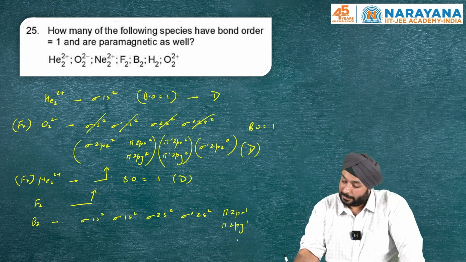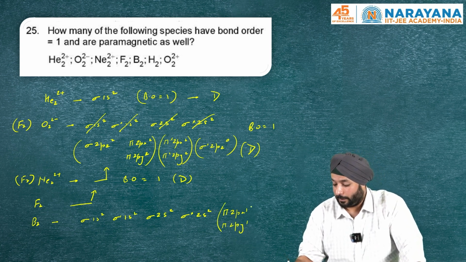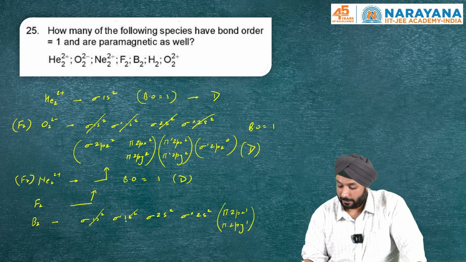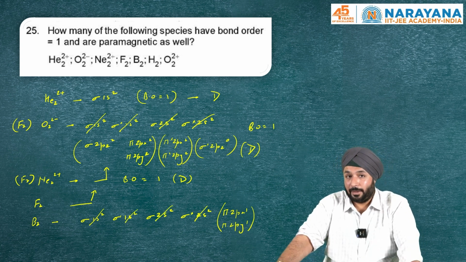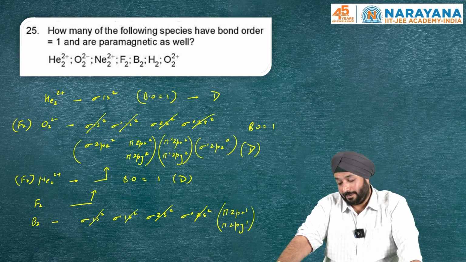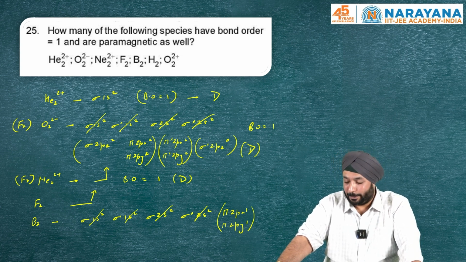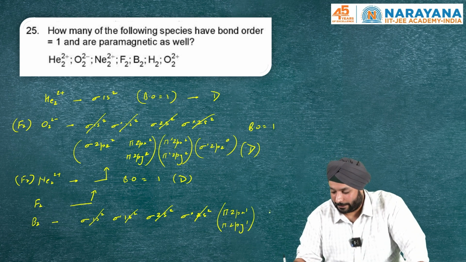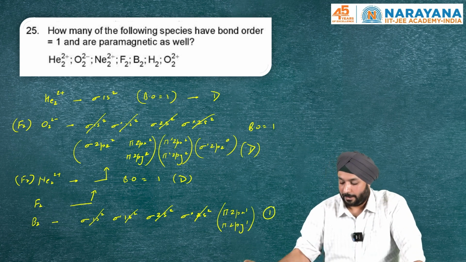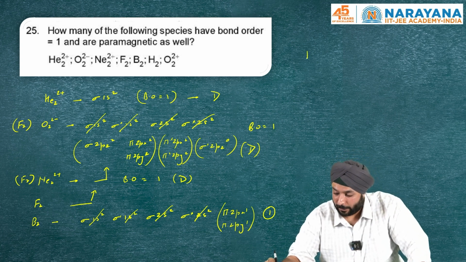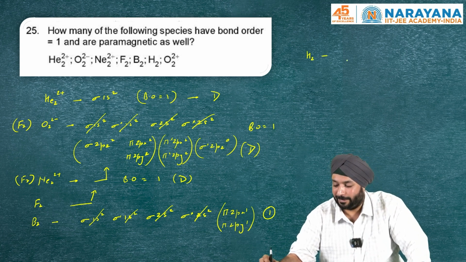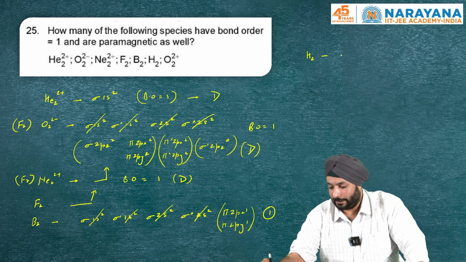Now this is the species which actually has bond order 1, and yes, it has 2 unpaired electrons, so it will be paramagnetic. So boron is paramagnetic, right? Thereby you have hydrogen. Just now we have discussed hydrogen. It is the same as He2 plus, sigma 1s2, bond order is 1, diamagnetic.